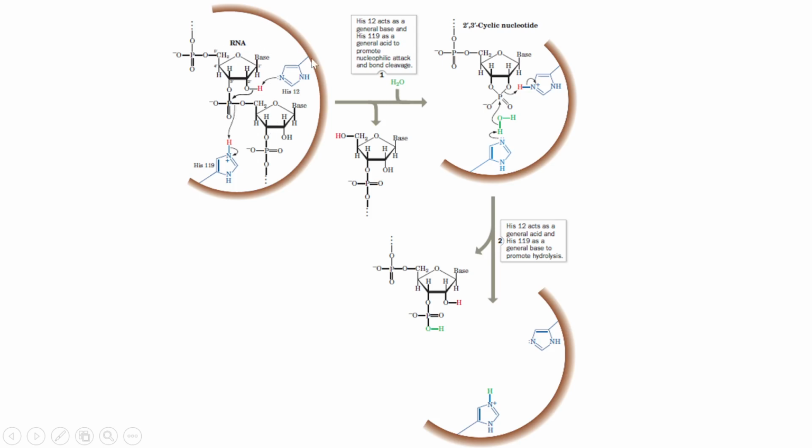And what ribonuclease, the enzyme, does, so this is the enzyme's catalytic pocket, and you have the two histidine residues in the enzyme's catalytic pocket, which basically catalyze the reaction where the ribose molecules joined together by this phosphodiester bond are broken, okay.